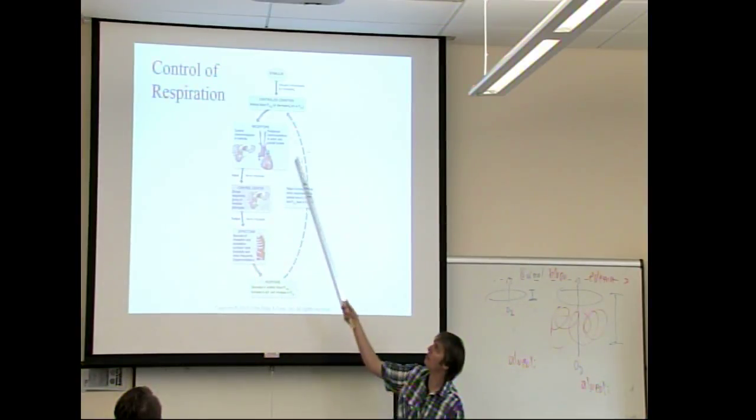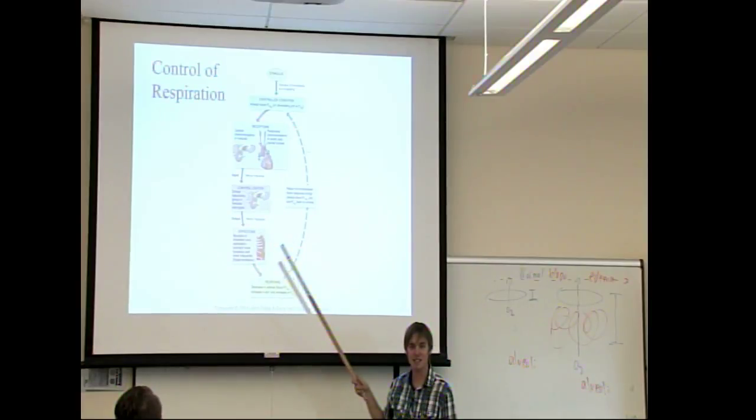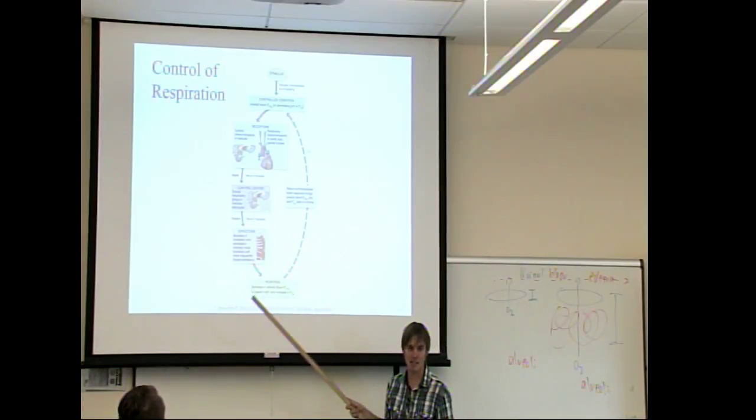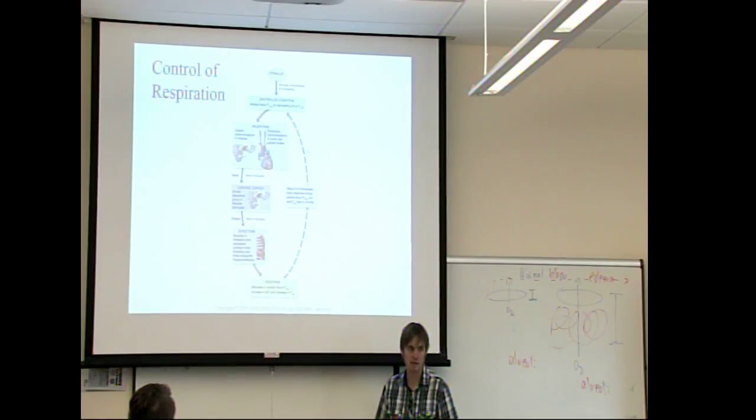And of course, if you have low oxygen, what do you need to do? You just need to breathe faster or breathe deeper. So the effectors are the muscles that control breathing. And then the response is increased oxygen, lowered CO2 in the blood.